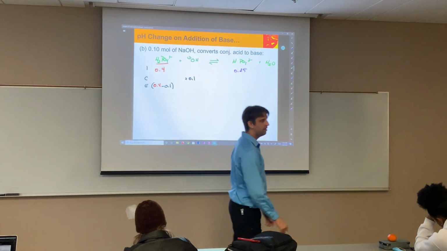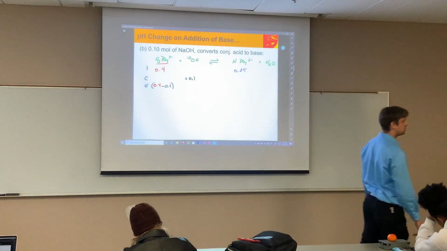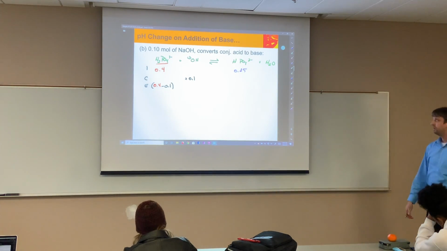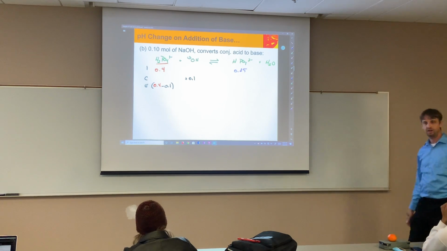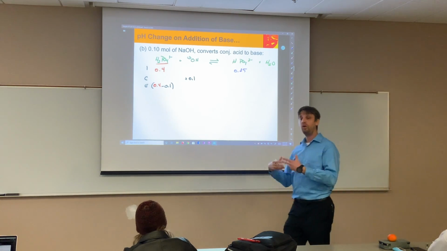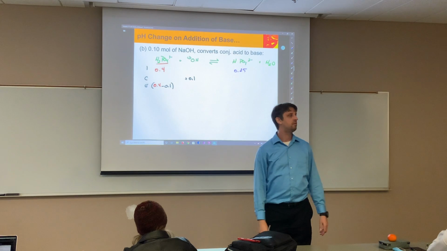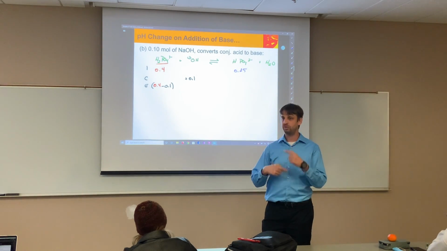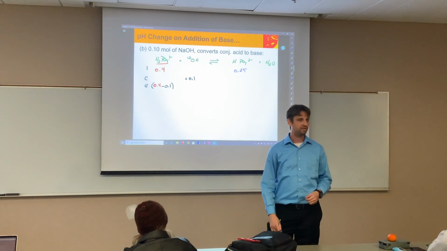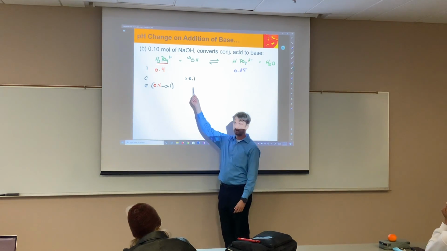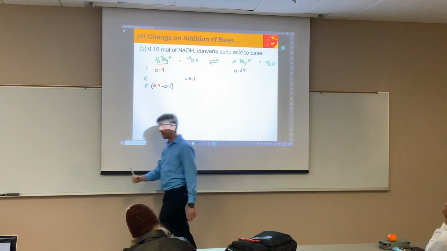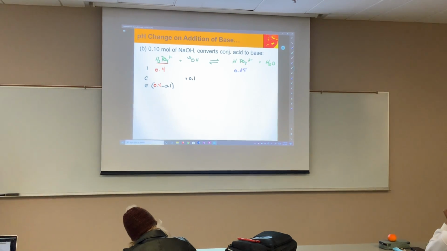Good? What happens to our hydroxide? Does all of it end up reacting? Do we have enough acid to react with all of our base is what I'm asking. The answer is yes, right? So how much of our hydroxide is left over at the end? None, got it. So this is 0, right? Okay.